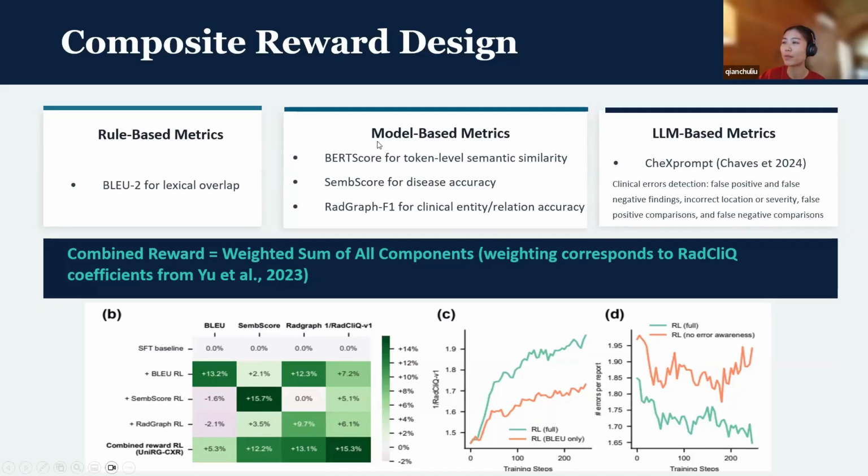And for the model-based metrics, we look at BERTScore that measures token level semantic similarity, and SembScore, which runs a disease classification model on top of the output and the ground truth report, and calculates the similarity of the disease classification model's outputs, which is CheXbert.